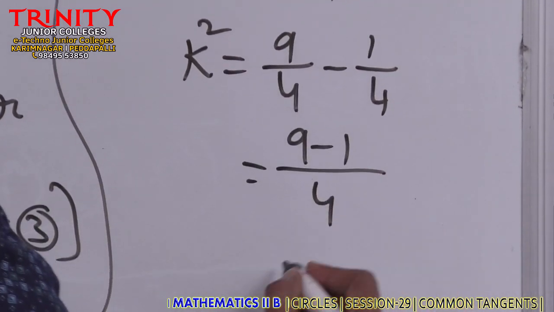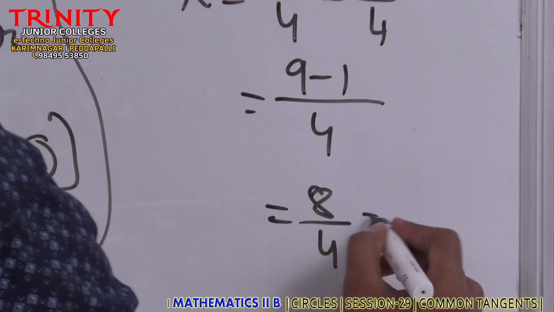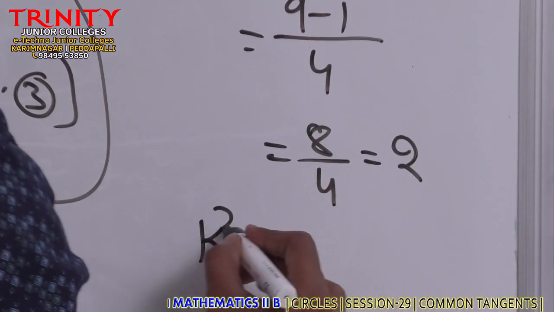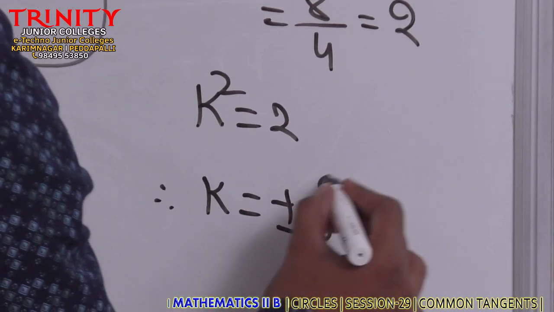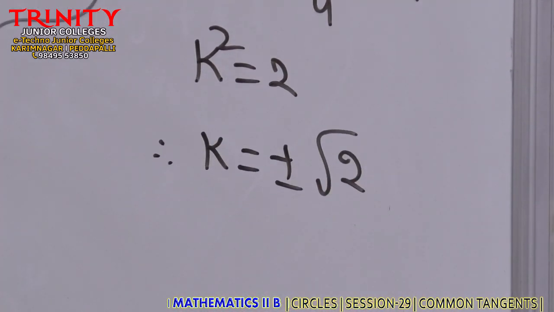LCM 4, 9 minus 1, 8 by 4, that equal to 2. k square equal to 2. Therefore, k equal to plus or minus root 2.